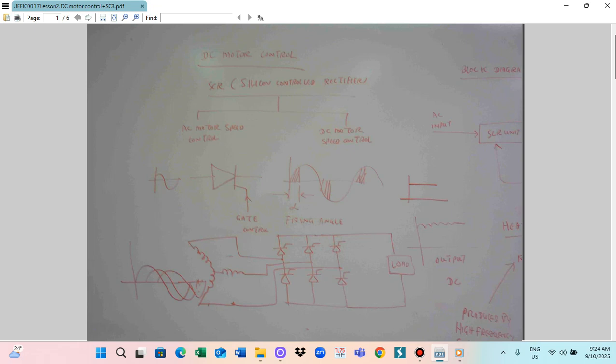In this case we have to connect the three phases. So this is the three phase circuit, and we use the SCR.